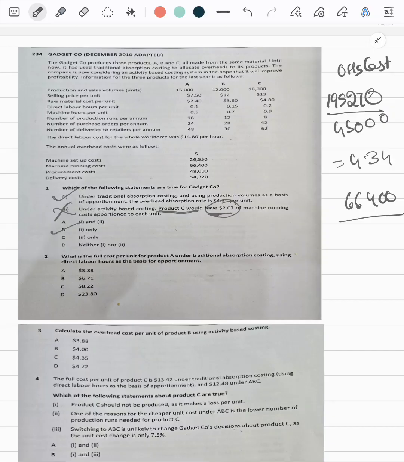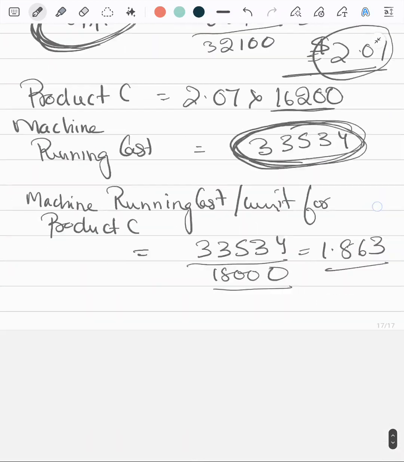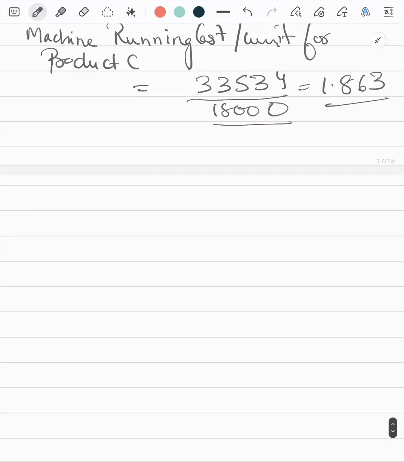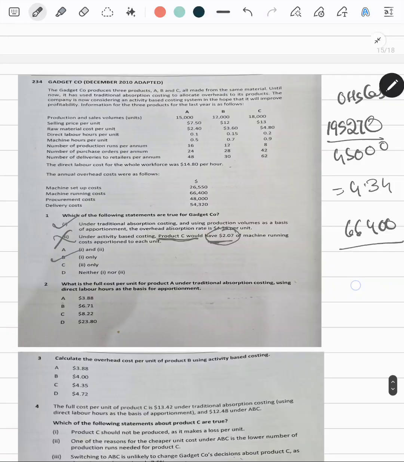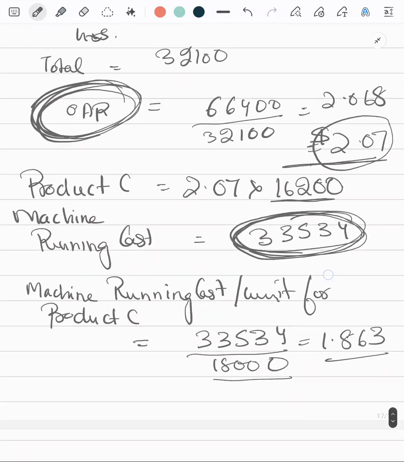overheads as the basis of apportionment? So the total overheads which I calculated was 195270.